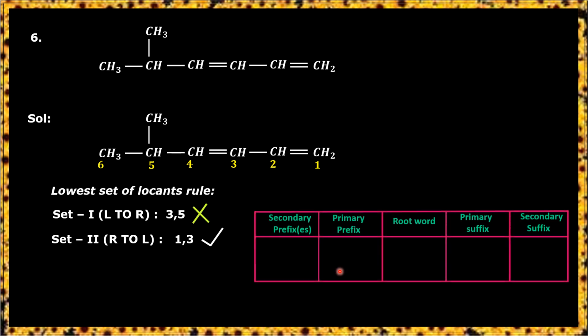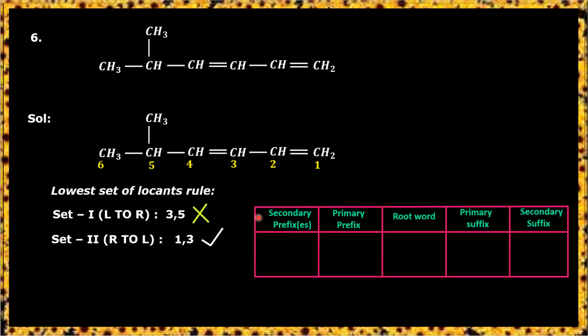Next, the root word is hex. Primary suffix is en. Secondary suffix is e. And secondary prefix, one substituent, a methyl group, is attached to the fifth carbon atom here. So the name of this compound is, you see here, alka plus diene, alkadiene. Why?